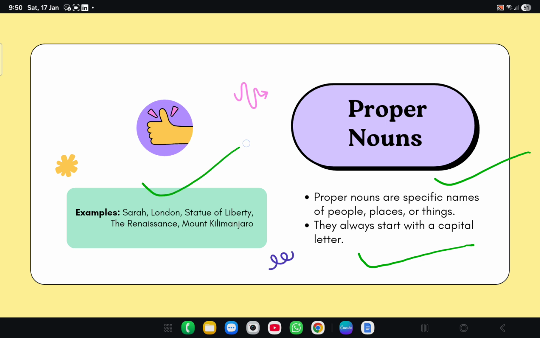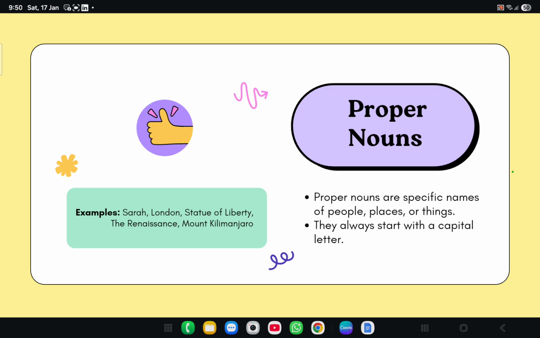Here are examples: Sarah, London, Statue of Liberty, the Renaissance, Mount Kilimanjaro. So these are all proper nouns that we need to recognize.